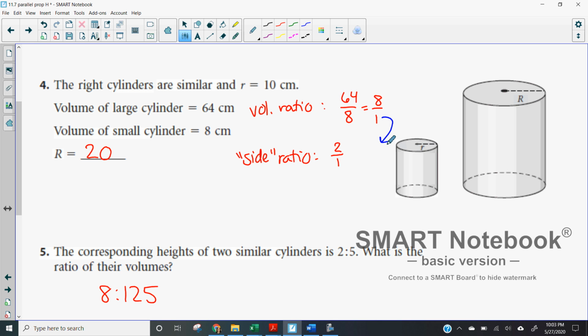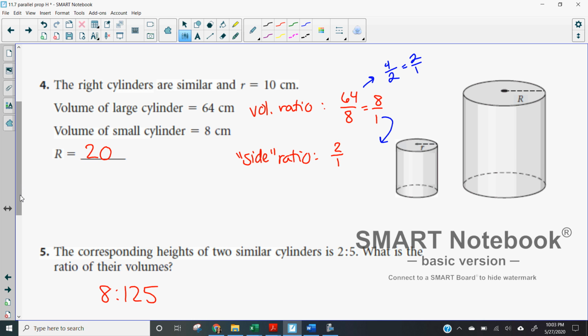So the radius would kind of fall in that side bucket, right? We've got the side ratio, the area ratio, the volume ratio. So this 2 to 1 comes from the cube root of these numbers. You might have taken the cube root right off the bat here. The cube root of 64 is 4. The cube root of 8 is 2, but that reduces to 2 over 1. So it doesn't actually matter which one you use. They're going to reduce down to the same thing.